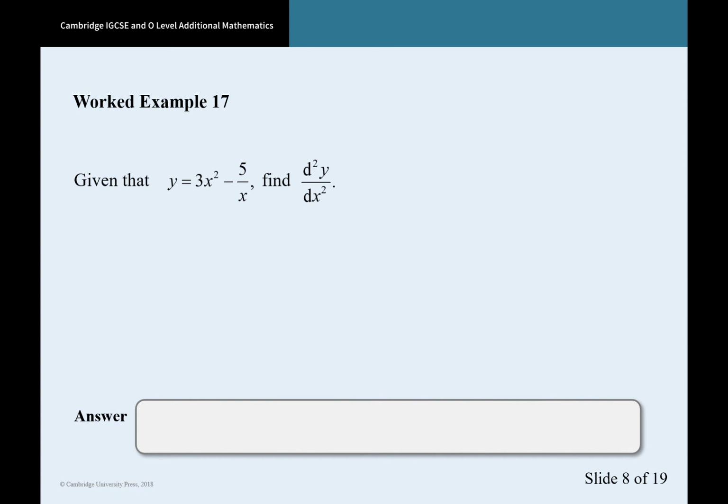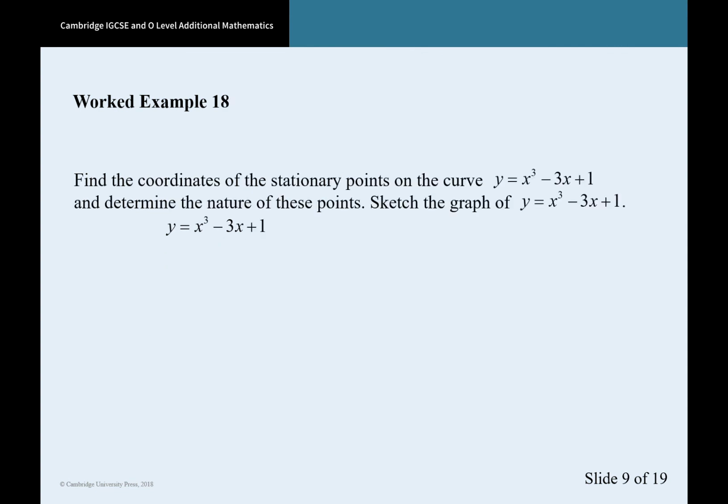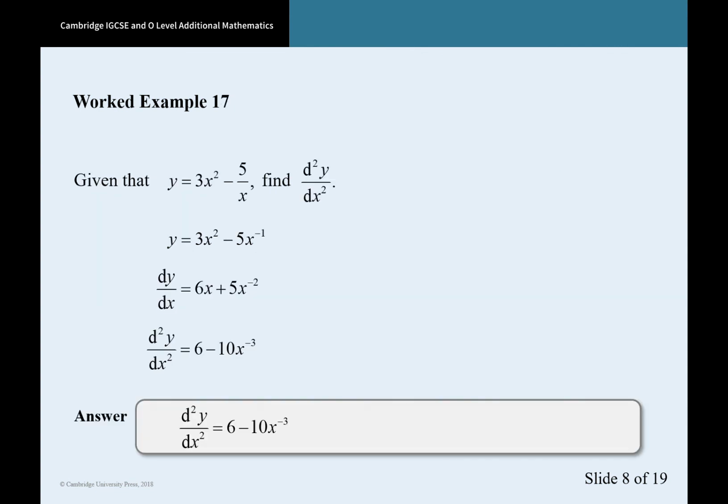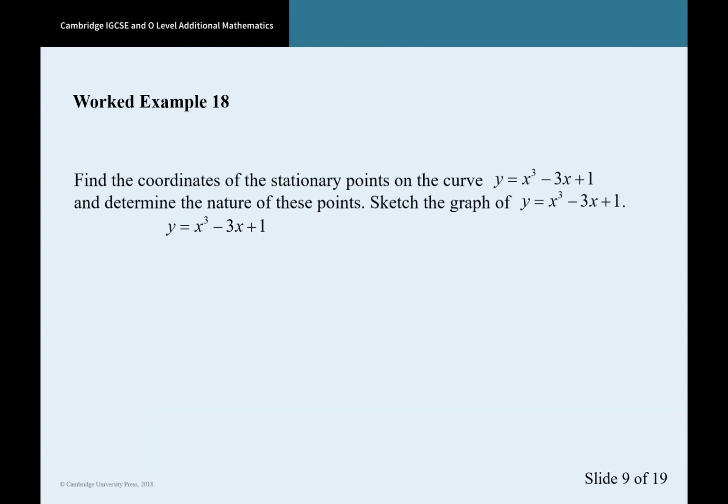Alright, so this is the example. Given that y equals to 3x squared minus 5 over x, find d2y dx2. So, we just differentiate for the second time. Second example. We want to find the coordinates of the stationary point.